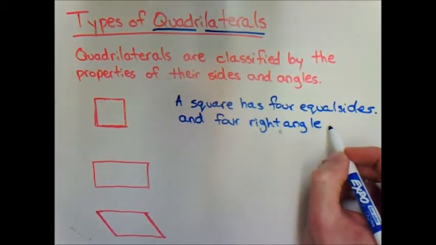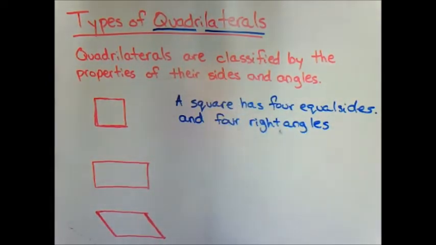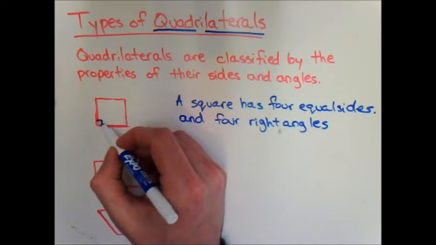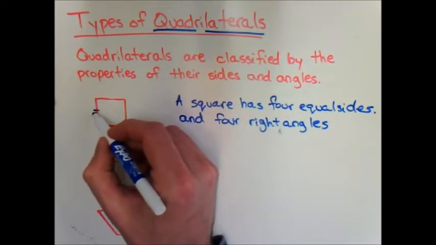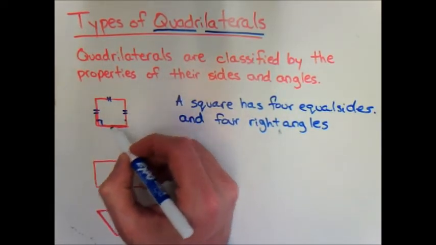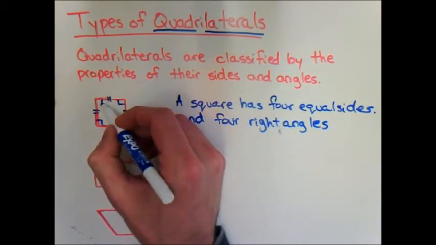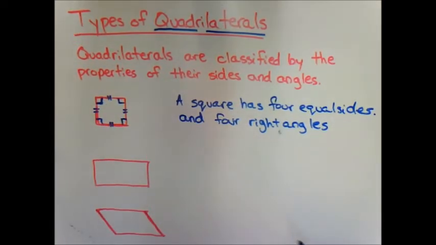So now we've defined a square as a special kind of quadrilateral that has 4 equal sides, and we can denote them by our equal length signs, and 4 right angles, which we can show by doing our little squares in the corner.